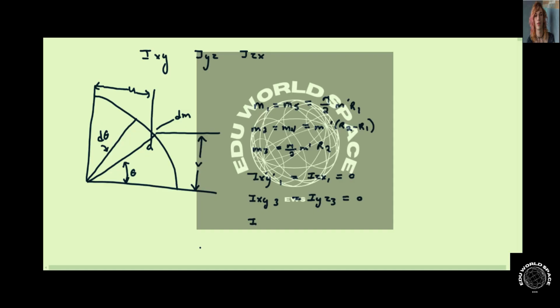And I_yz of 5 is equal to I_zx of 5 equals 0. And we also have x1 equals x2 equals 0. y2, y3, and y4 are equal to 0. And z4 equals z5 equals 0.